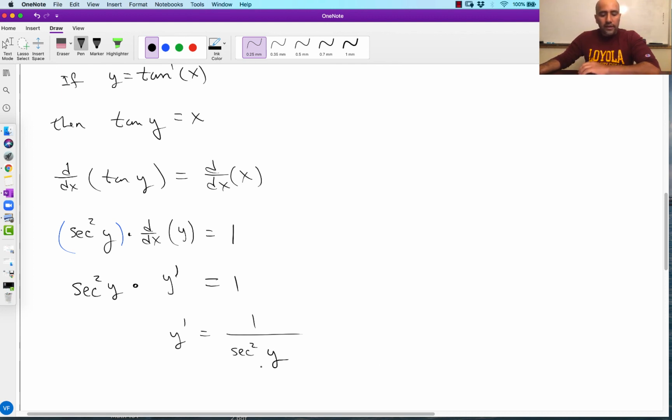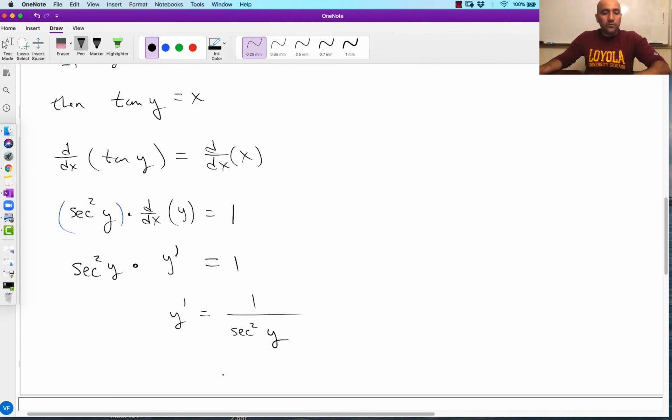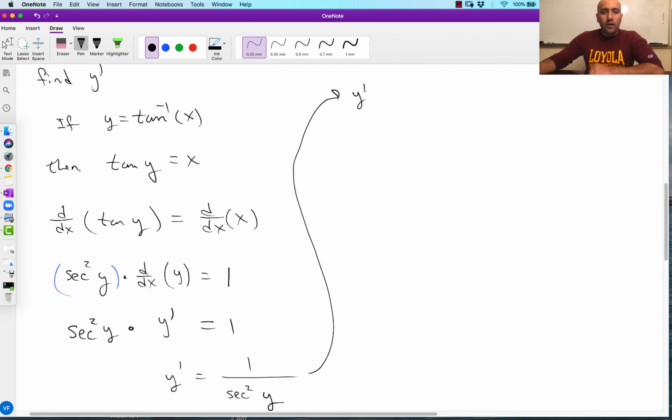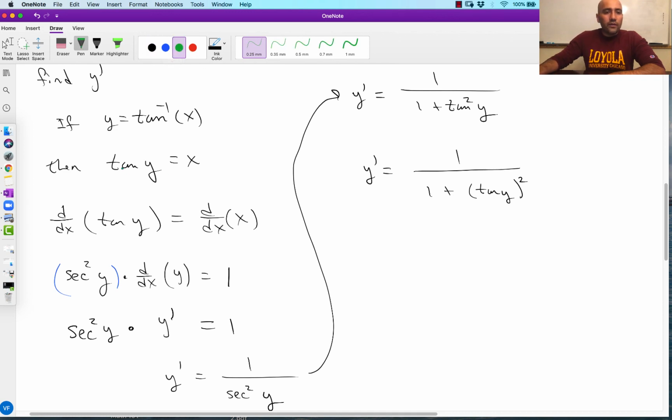And now I'm going to use an identity to rewrite this as follows. I'm going to rewrite this as y prime equals 1 over 1 plus tangent squared y. And now I'm just going to rewrite it this way, 1 over 1 plus tangent of y squared. Tangent squared y and tangent of y squared, same thing. And over here, look, tangent of y equals x.